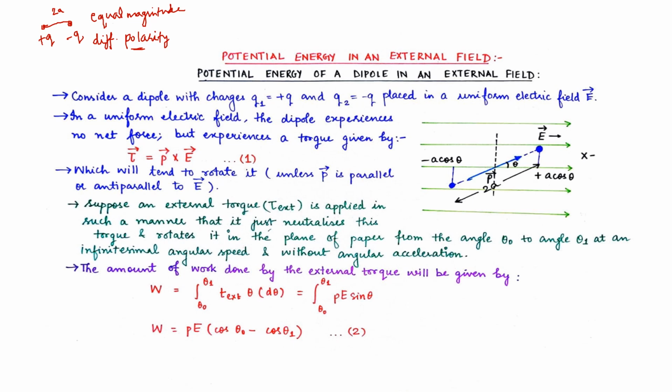Then for a particular dipole, we can define the dipole moment. Dipole moment is denoted by small p, which is equal to the distance between these two charges, or the length of the dipole, into the charge of the dipole. The charge of the dipole is q and 2a is the length of our dipole.